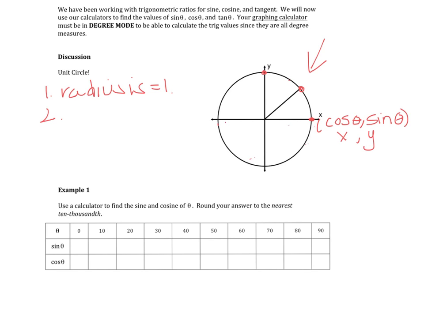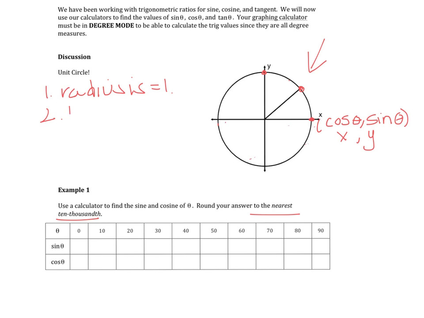And you'll understand later on where we get these values from pertaining to a unit circle, and you've already been learning some of the basics that will get applied to it, but for right now, all they're asking us to do is use our calculator in order to find the approximate values. You're going to get decimals in most cases, not all, and you're asked to round to the nearest 10,000ths.